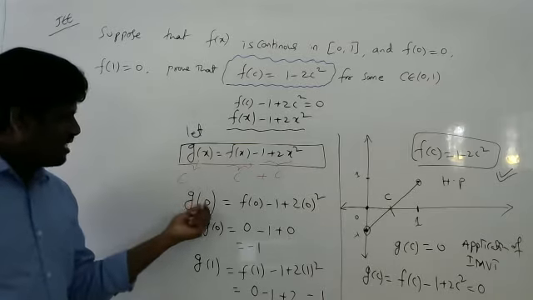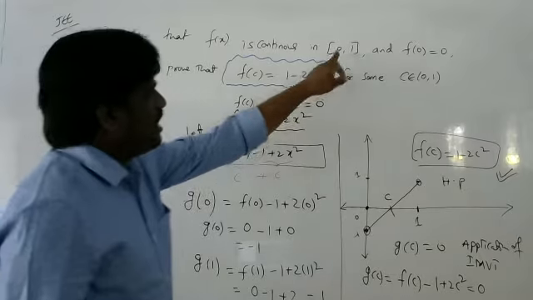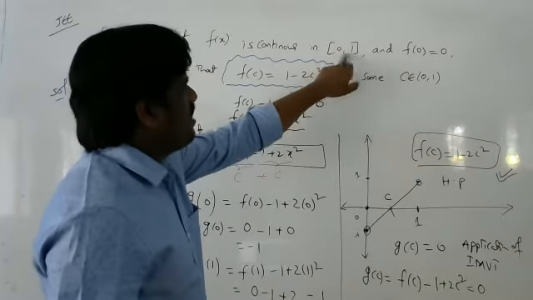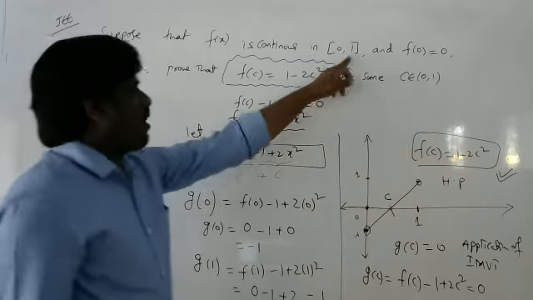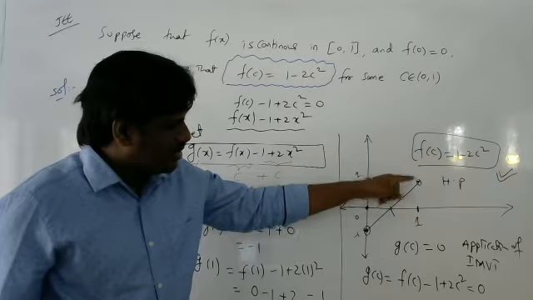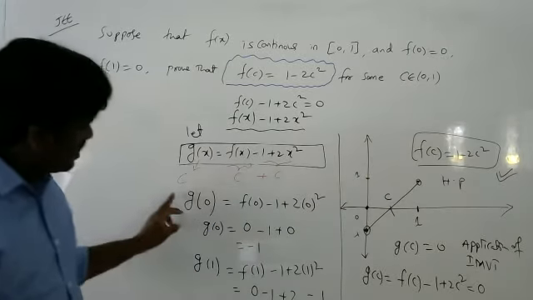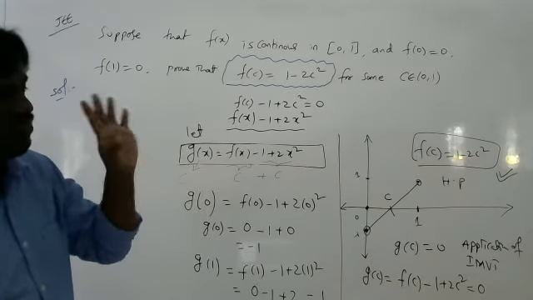Then I substitute, because it is a continuous function, the interval corner points. 0 I substitute, I get minus 1. 1 I substitute, I get positive 1. If one is positive and one is negative, then the function g of x is going to intersect the x-axis at least at one place.